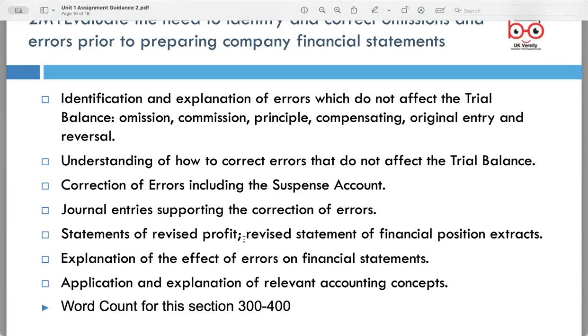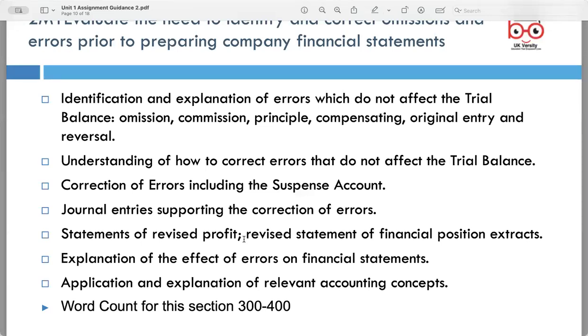Correction of errors: provide examples and discuss the correction of errors using the suspense account and journal entries. Show how to adjust financial statements, including revised profit and statement of financial position extracts after error corrections.